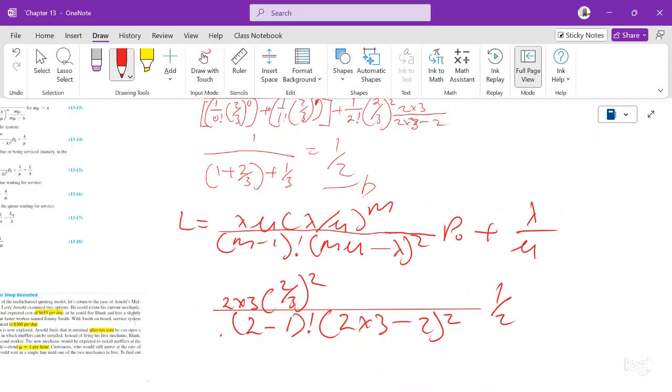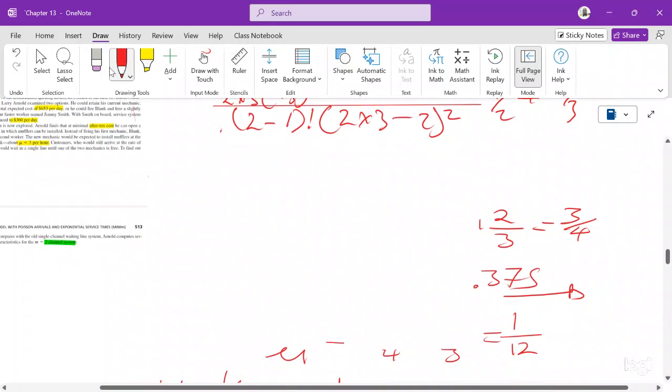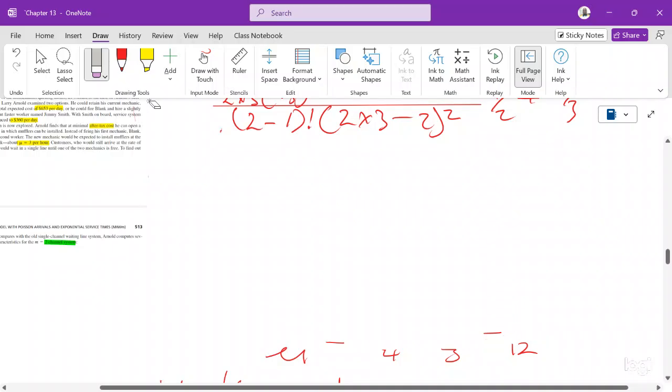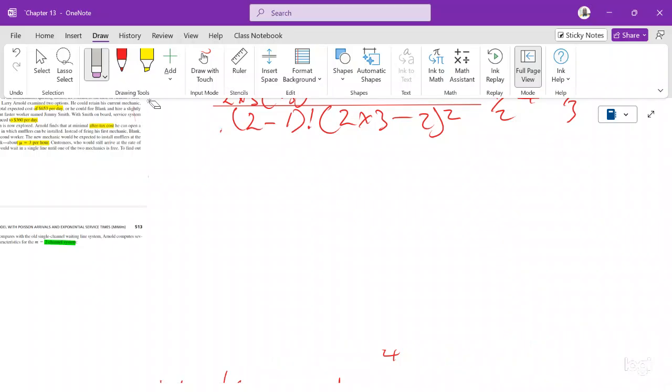You know that your answer is more like 0.75 divided by 2. Which is going to give you a fraction of 3 over 8, and 0.375. Okay, we move right along.